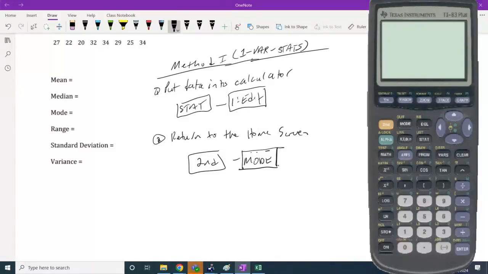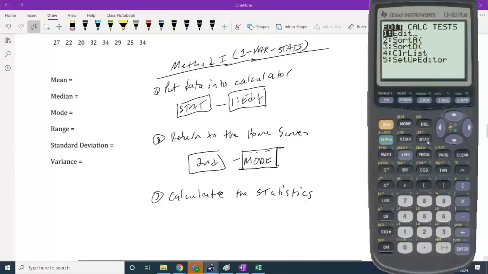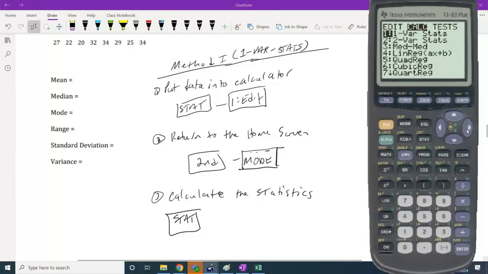The next thing we're going to do is calculate the statistics. So I'm going to go into stat. I'm going to scroll over to calculate.